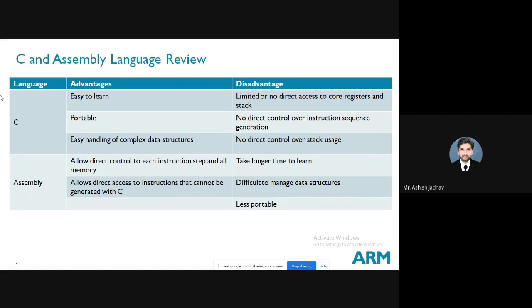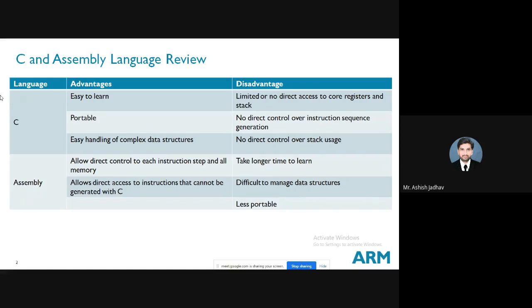This table compares the use of C language and assembly language, means the advantages and disadvantages are compared here. The C language is very easy to learn, it is portable, and it makes it easy to handle complex data structures, right? These are some of the advantages of C language.